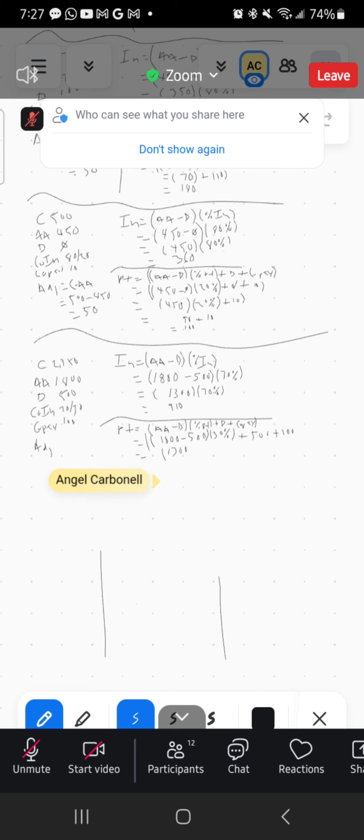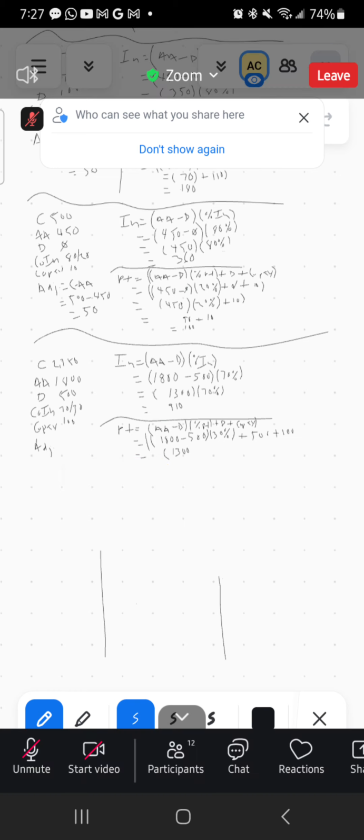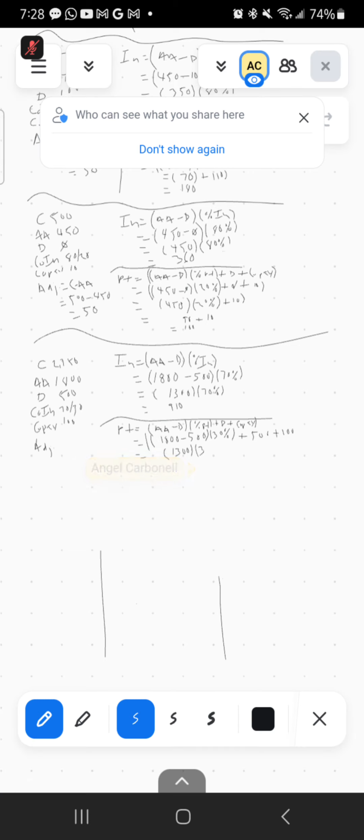1,300 times 30%. Wow, it's really hard to write these numbers. I hope you're appreciating that I'm writing all of this on my own. Yeah, this is a touch screen and it's not as fast as I would like it to be. So plus 500 plus 100 is $600.